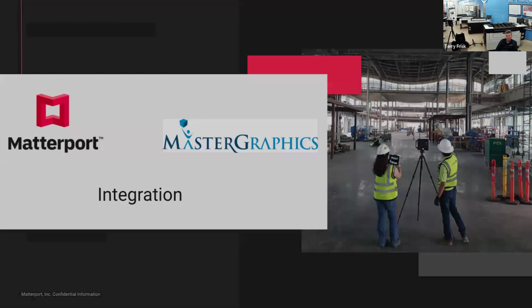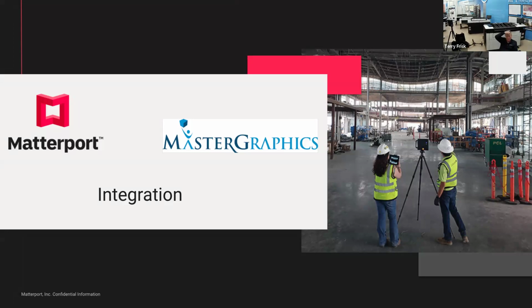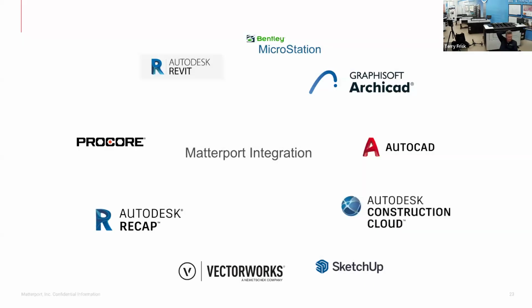Now we're going to talk about integrations. With Matterport, you are able to integrate, thanks to the add-ons that we just saw, to a multitude of solutions and partners. So some of them you may be working with, some of them you recognize. The idea is that there are different ways to integrate with Matterport.